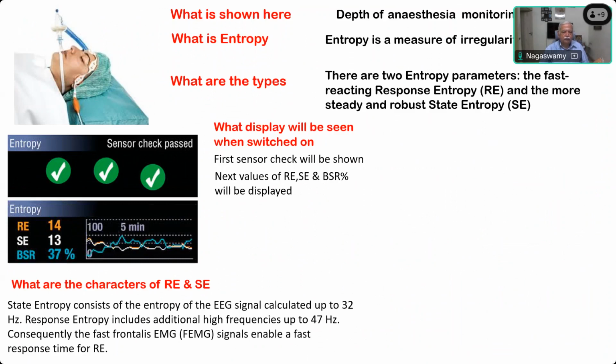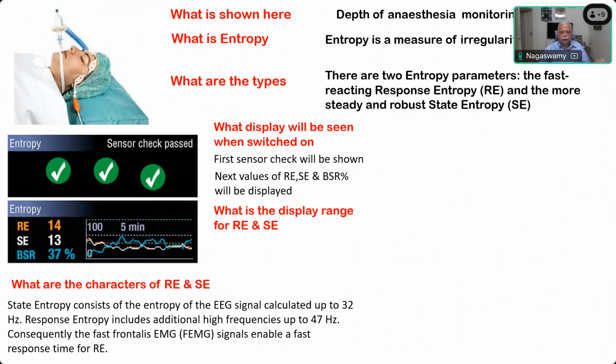What is BSR? Any idea? It is called burst suppression ratio. What is the display range for RE and SE? From what starting point to end point?